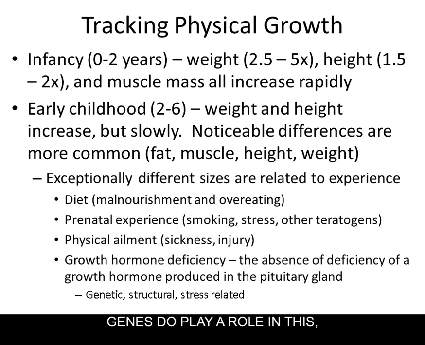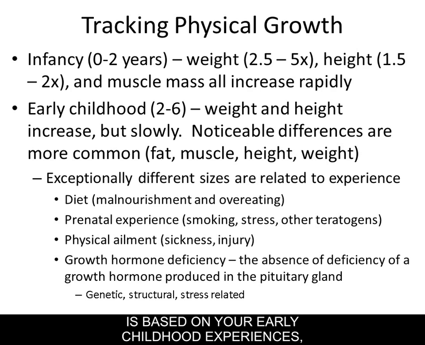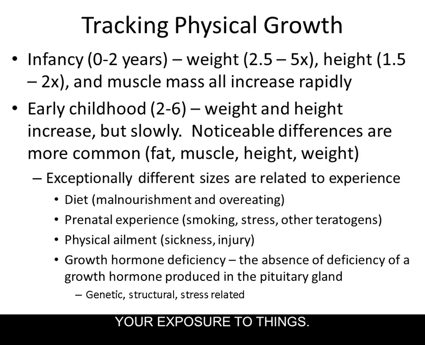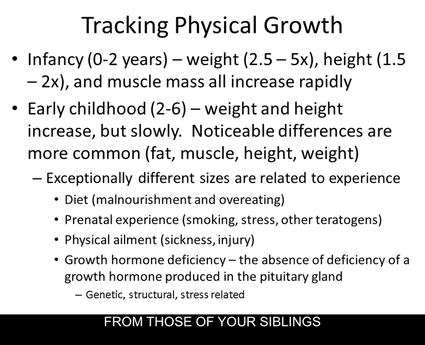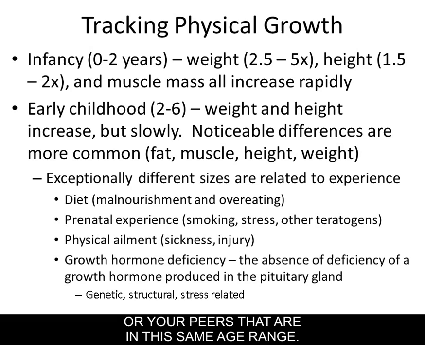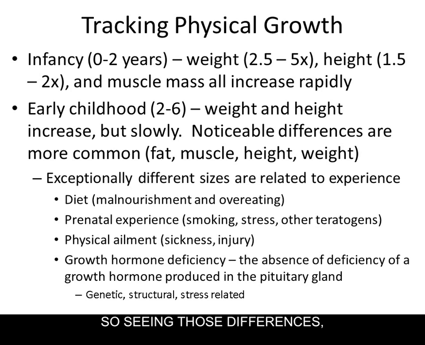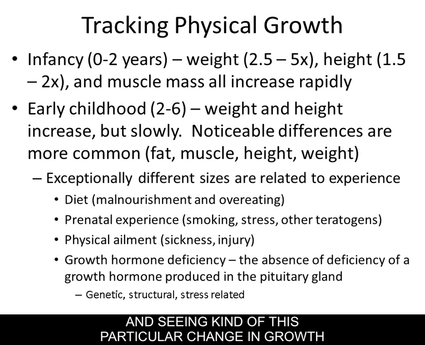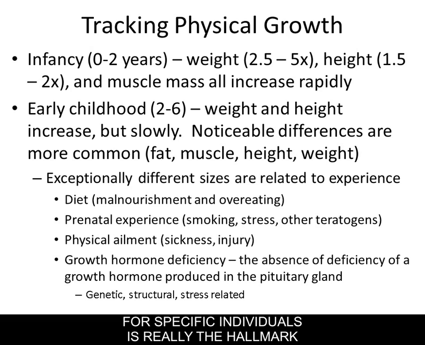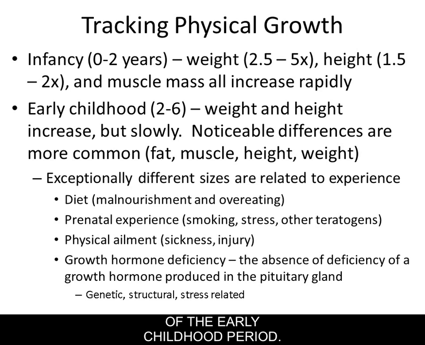Genes do play a role in this, but a lot of times what we see is based on your early childhood experiences, your exposure to things. Your body starts to take a very different form from those of your siblings or your peers in the same age range. So recognizing those differences, and seeing this particular change in growth for specific individuals, is really the hallmark of the early childhood period.